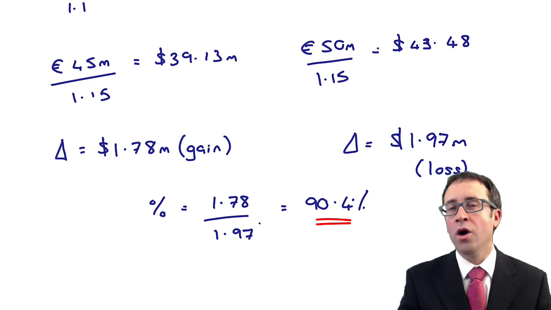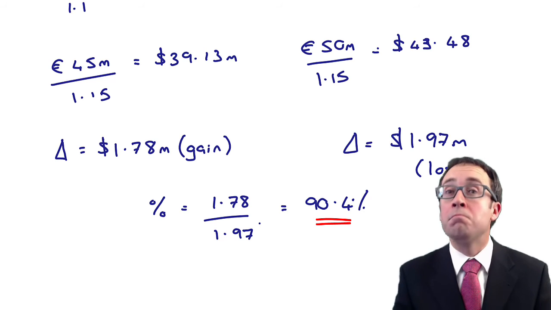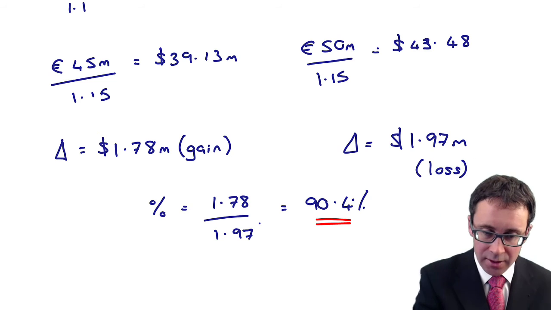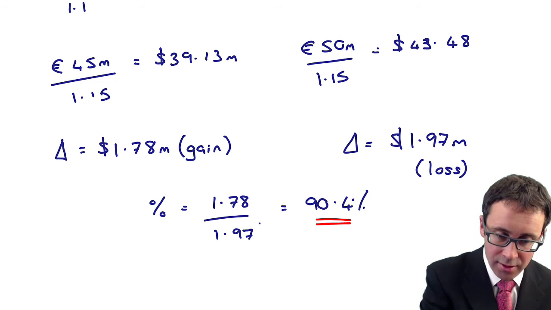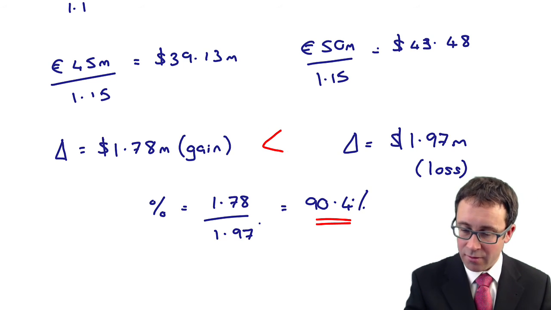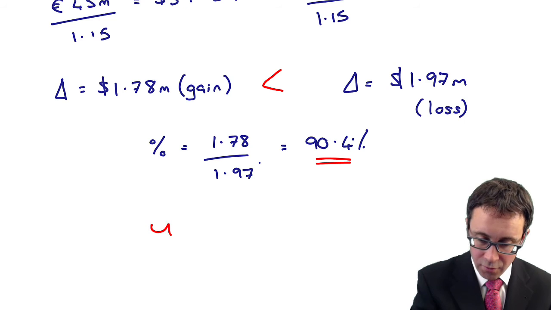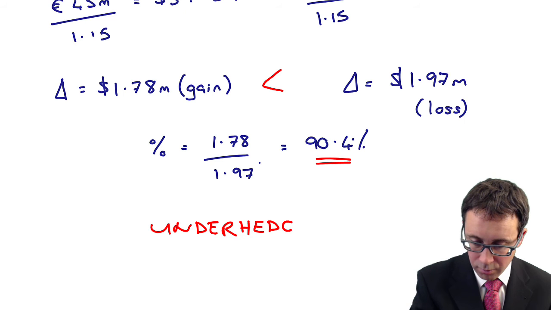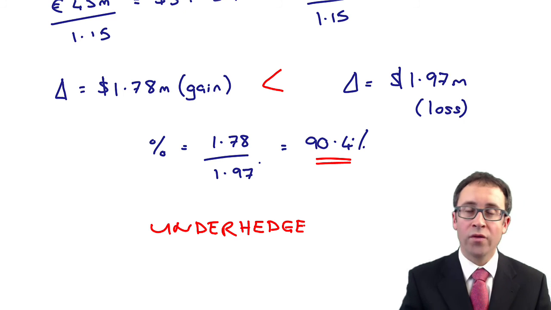Is that under or over hedged? Under hedged, isn't it? Okay, because here the change in the value of the instrument is less than the change in the value of the item. So therefore, that is an under hedge.